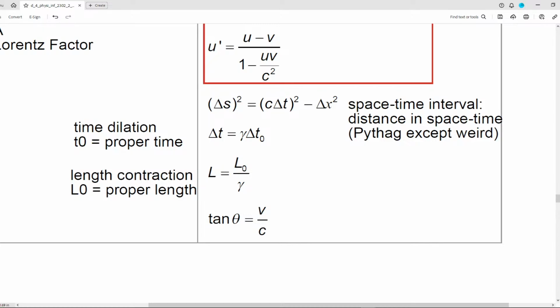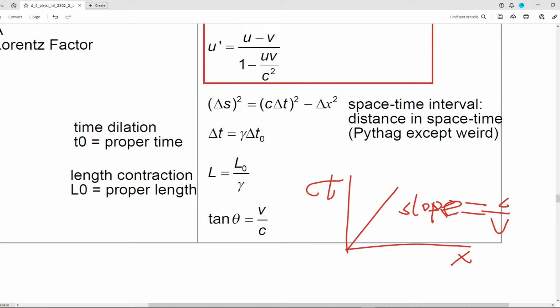And the last one is basically if you have a space-time diagram, then you can find the speed using the angle. So this one I'm going to have to draw out a little bit. If you have space here and ct here, then the slope of the line is equal to c over v.